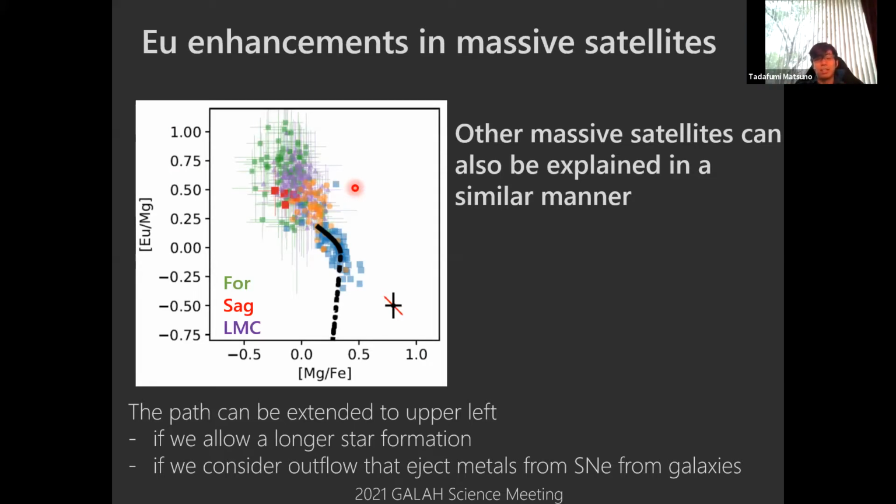So at this stage, I would say it would be very difficult, but maybe once we constrain the delay time distribution of neutron star mergers from independent observation, maybe from observation of more neutron star mergers with gravitational wave detectors, or with observation of gamma ray bursts, maybe we can constrain the star formation efficiency using this abundance ratio.